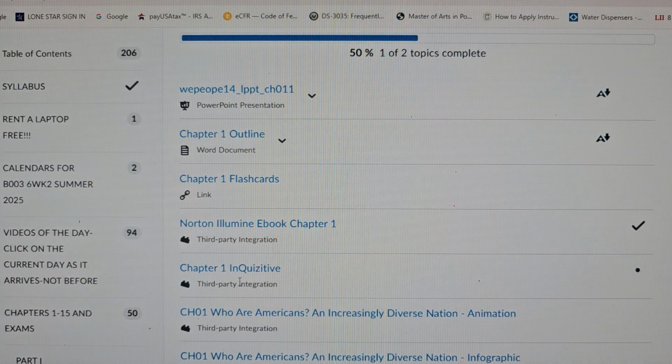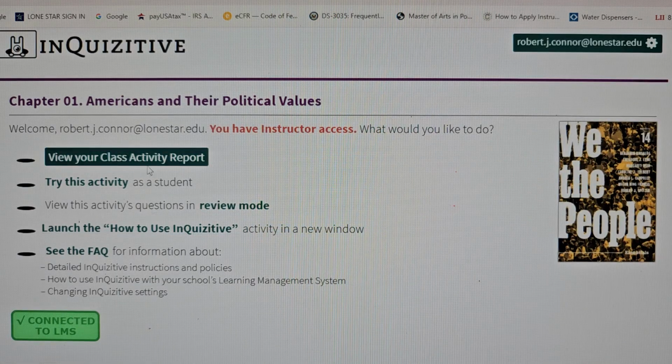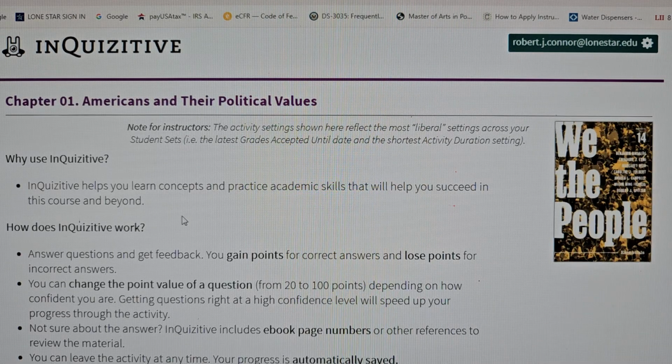Okay, now there's some other things here. Oh, and then the chapter 1 inquisitive. This is required also. And this is where you use what you learn in those tutorial inquisitives, how to do them. And so you go in on there and here I can try this activity as a student.